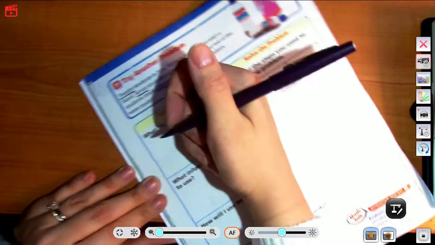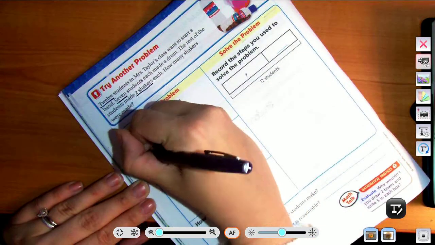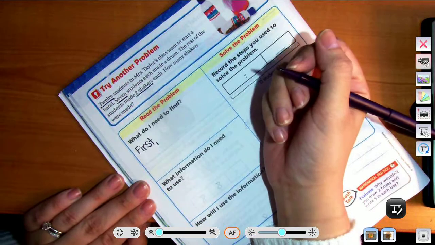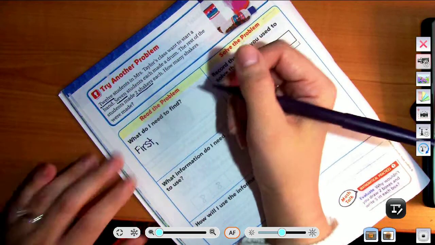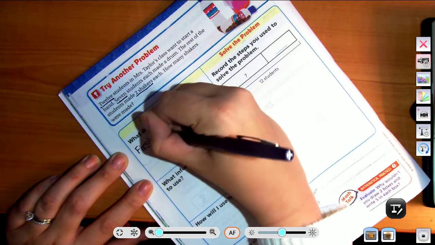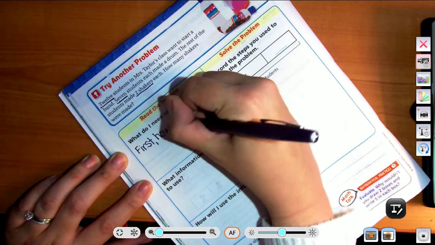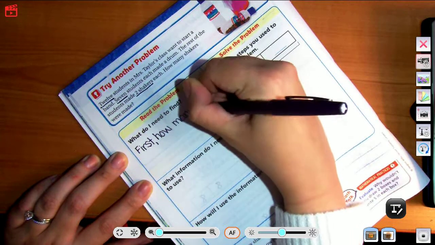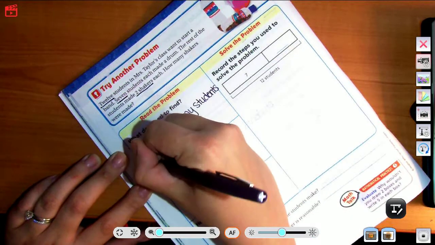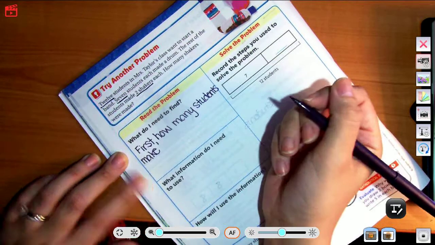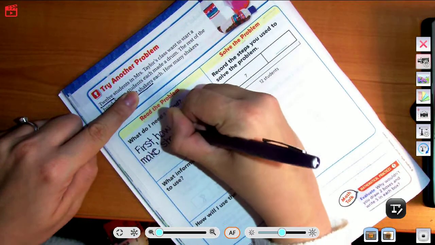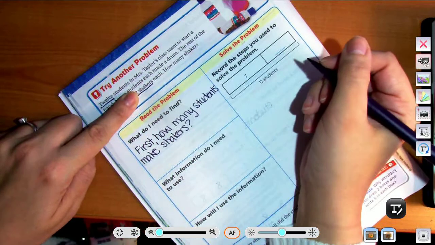So first, this is using our sequencing words from reading. First, you need to find how many students make shakers?